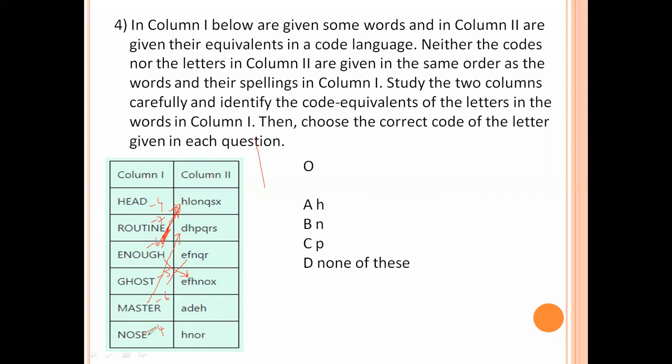In this NOSE, NO, NF. NF is equal to EFHNOX. NO, HN common. So NO equal to this one. Head is equivalent to this one.